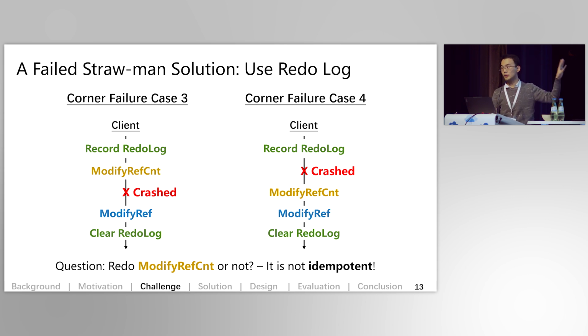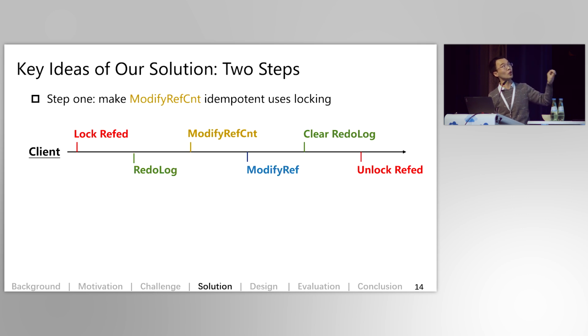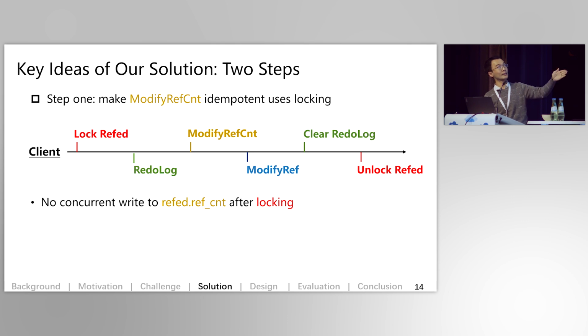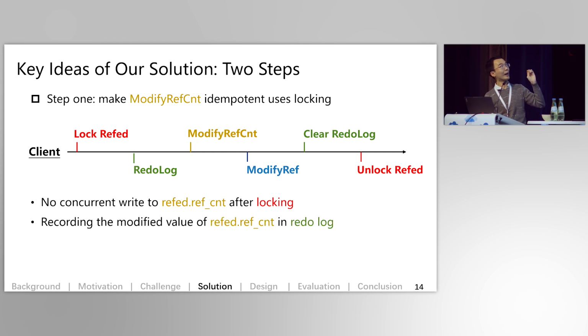So this is the most important challenge that is solved by our paper, and it is solved in a two-step manner. In the first step, we try to use a lock to make this step idempotent, because if we lock the referenced object, we make sure that no other client can concurrently modify this reference count, which enables us to record this modified value into the redo log.